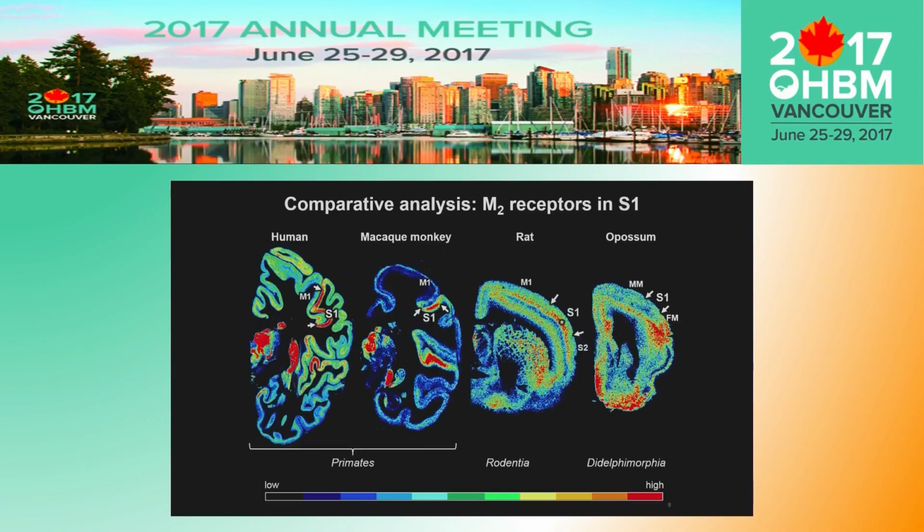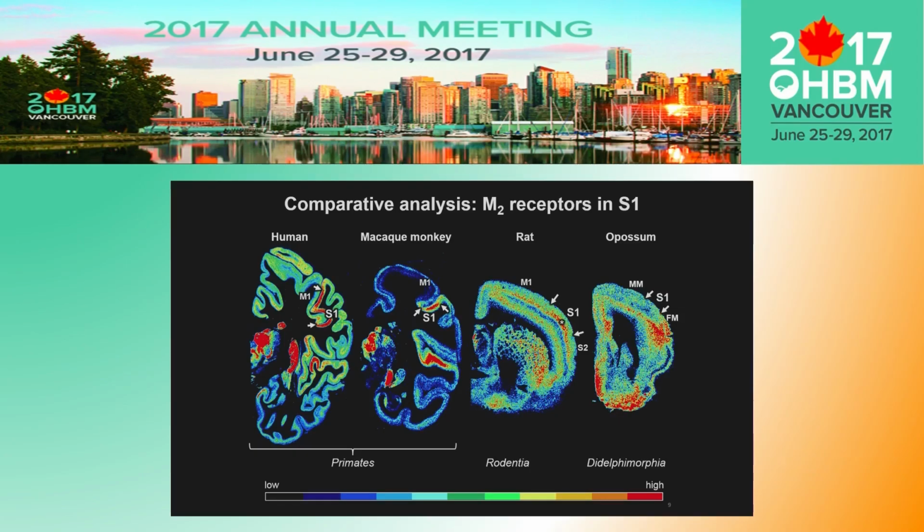But if we move into the primary somatosensory cortex, we find exactly the same situation: in the rat brain, differences between the barrel cortex and the surrounding cortex aren't found overall in this area, but again only in layer 4, which is again highlighted by the asterisk in this slide.